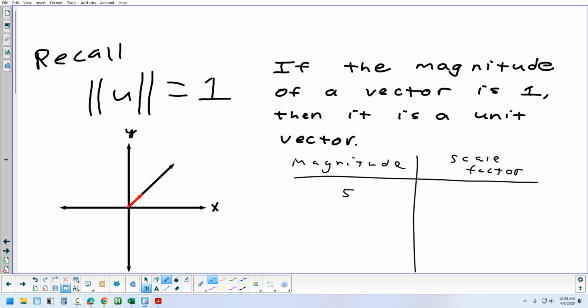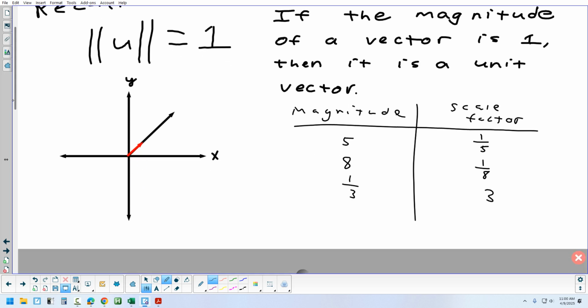Yep? 1/5. And it's important to try to see the pattern in the numbers that come up here. All right, 1/5. What if you had a vector 8 units long? You would scale it by 1/8. What if you had a vector that was 1/3 of a unit? You would scale it by 3. Okay.